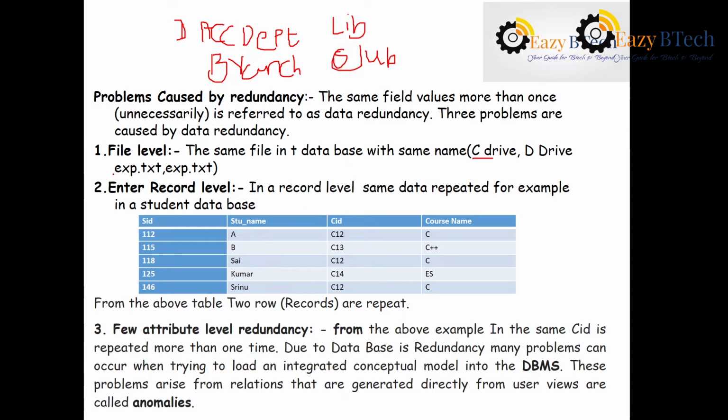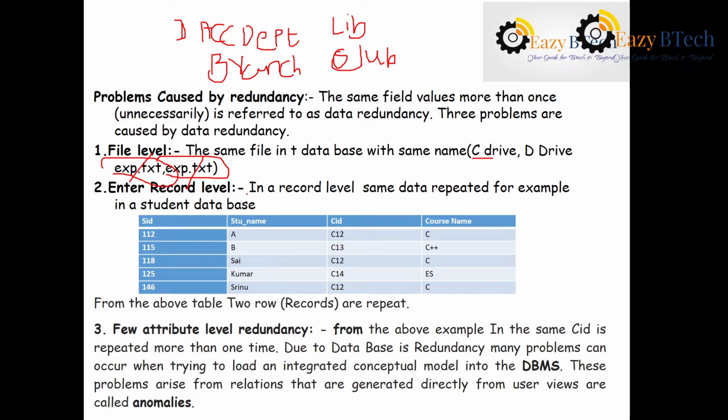Suppose you want to delete the data in one exp.txt, and the other exp.txt has the same file name with different data. So it is a problem. It is a confusion: which file do I want to remove? Is exp1 updated or is this file updated? This is the data redundancy.